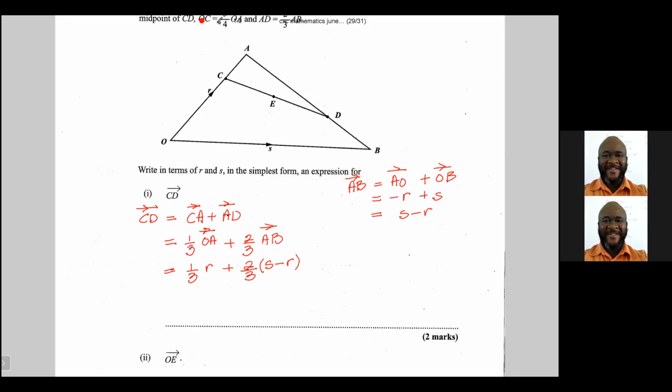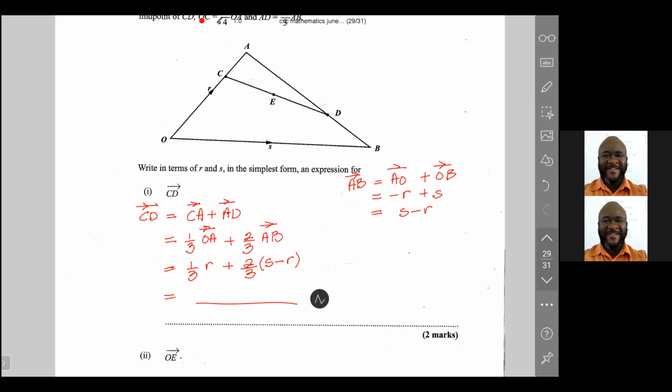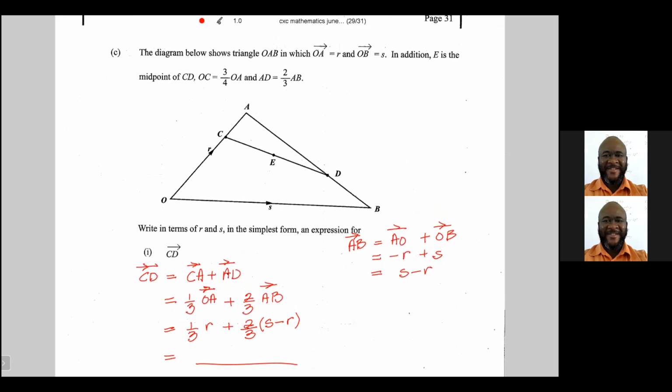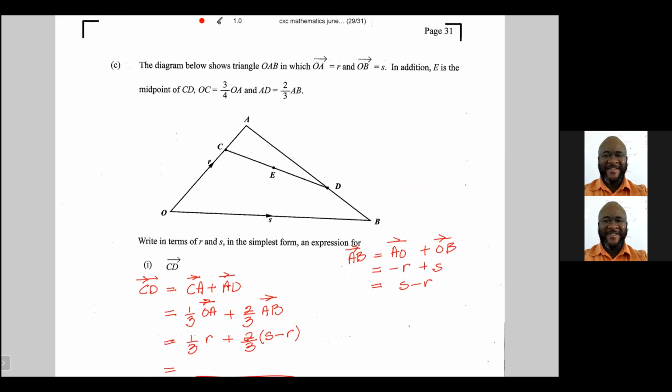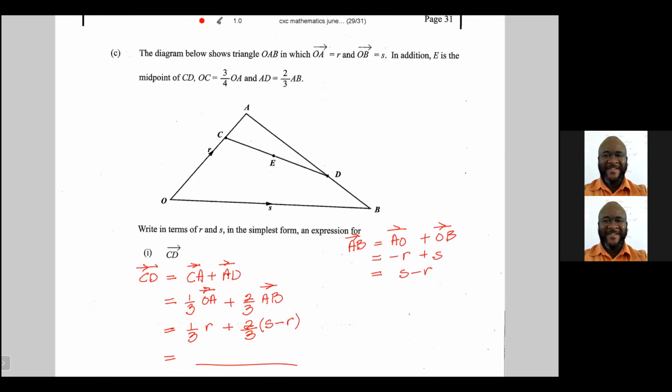All right. So we're to write the answer in its simplest form. So let's, well, the LCM is 3. So this would be equal to 3. Well, I think I made a mistake somewhere. Let's go back and track it.